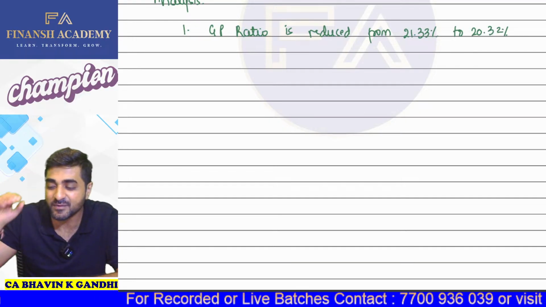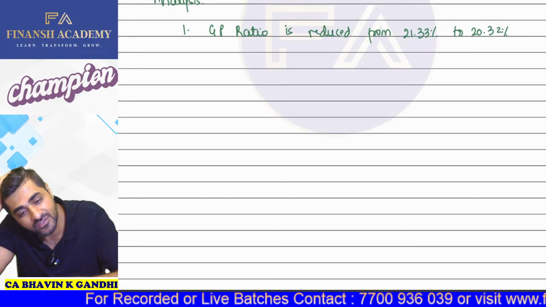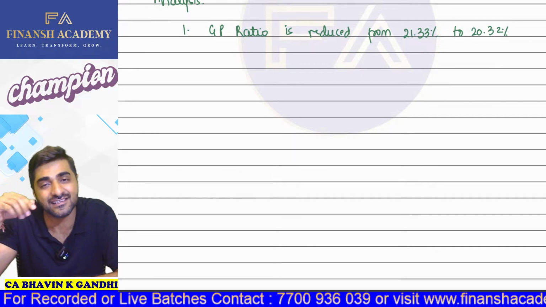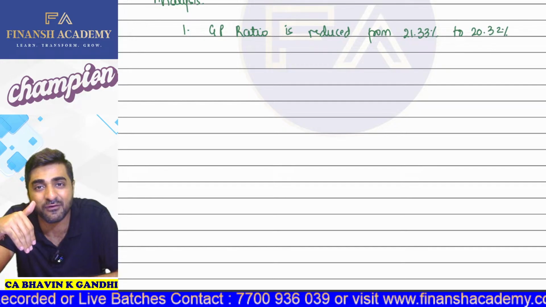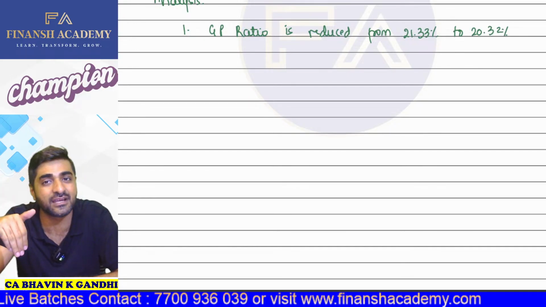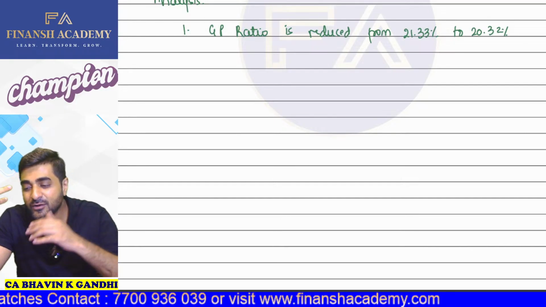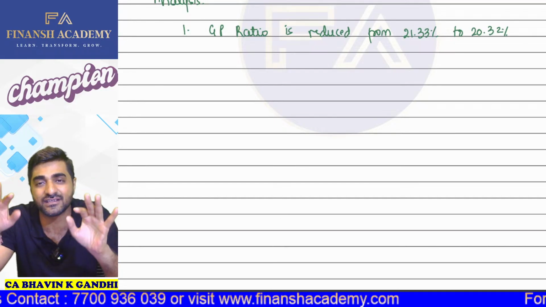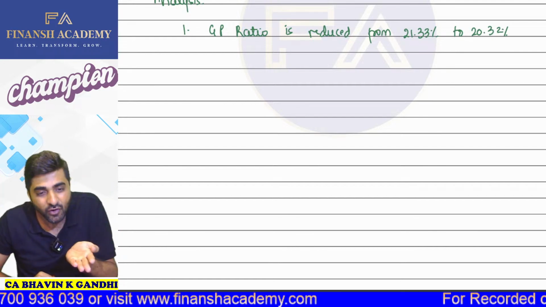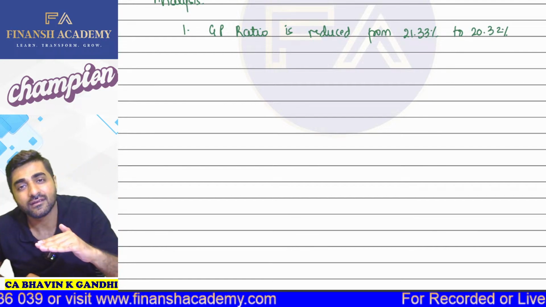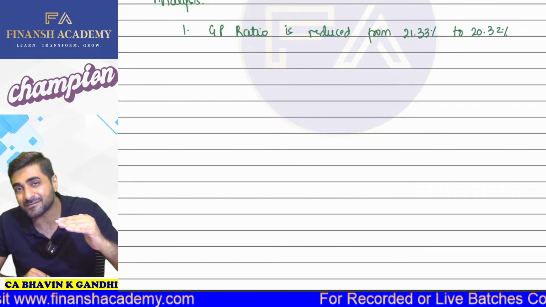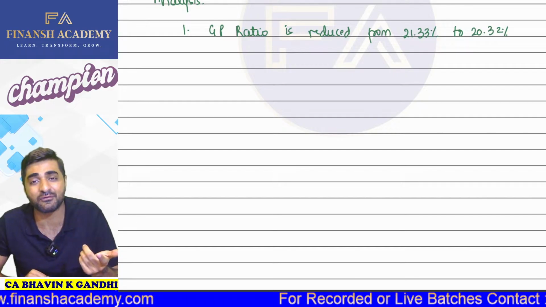First, if I increase the cost, the GP ratio will fall. Or second, if I reduce the selling price, the GP ratio will fall. Isn't it? One is if the cost increases, the GP will fall. Second is if the selling price per unit reduces, the GP is going to fall.